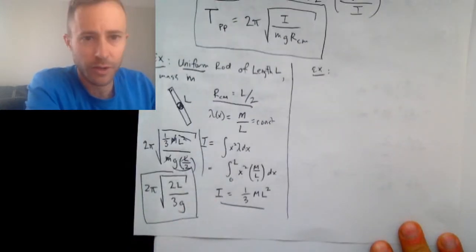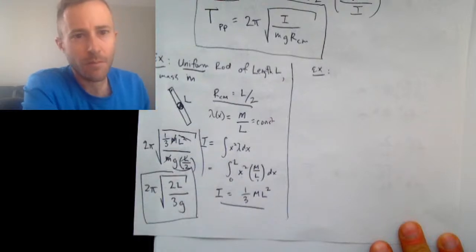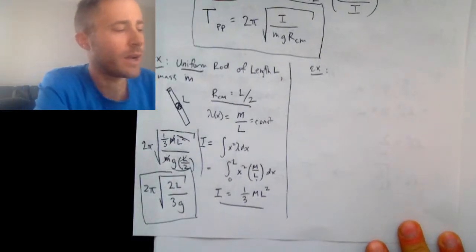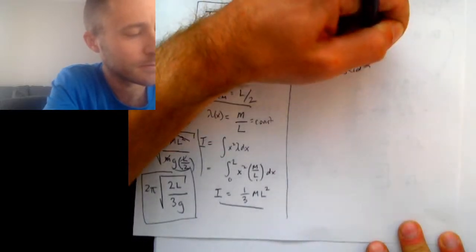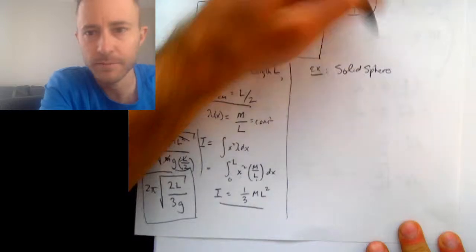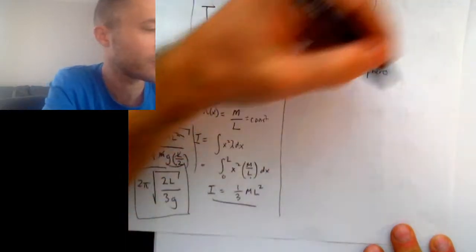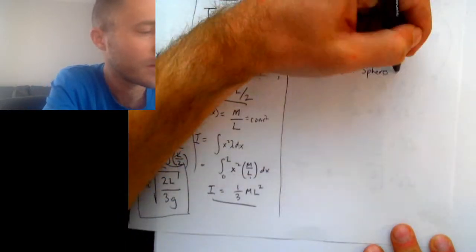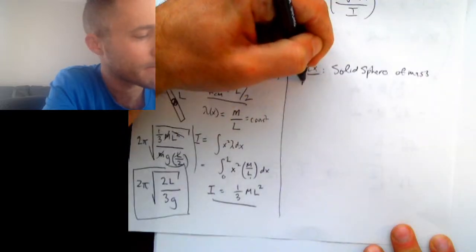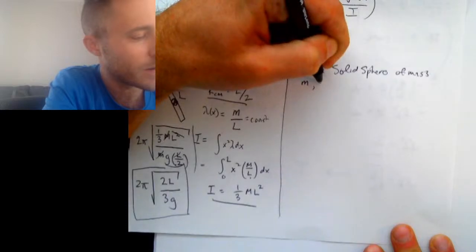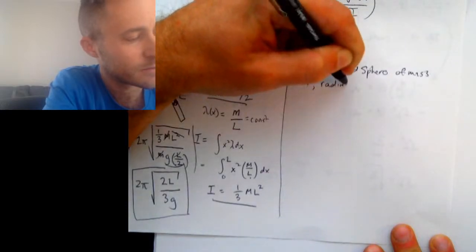So let's do another example. What if we have a solid sphere? So this is a solid sphere of mass m and radius r.